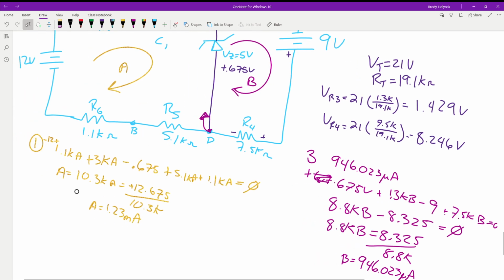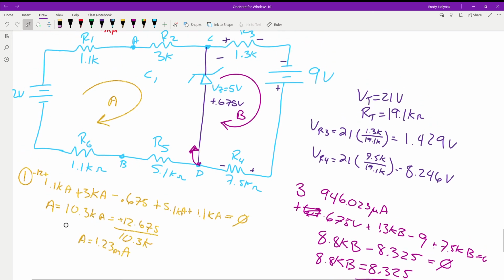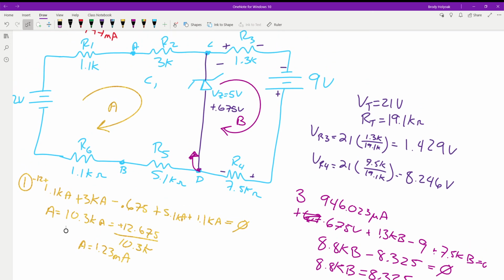Okay, so now that we have those, these currents are what's going to be flowing through each of these resistors. Okay, we know the voltage across C to D. We know the current from A to B. Now we just got the last two things to figure out. How much current is going through this diode?